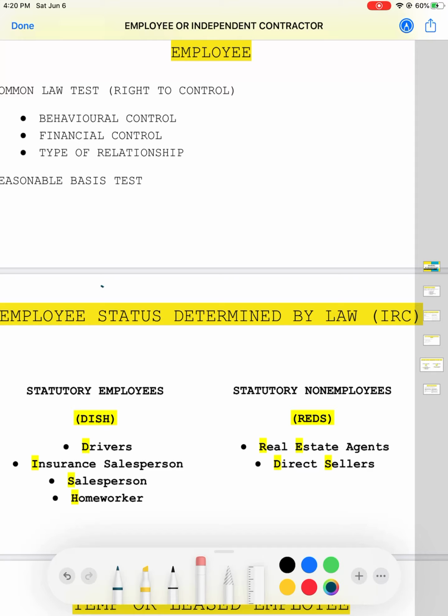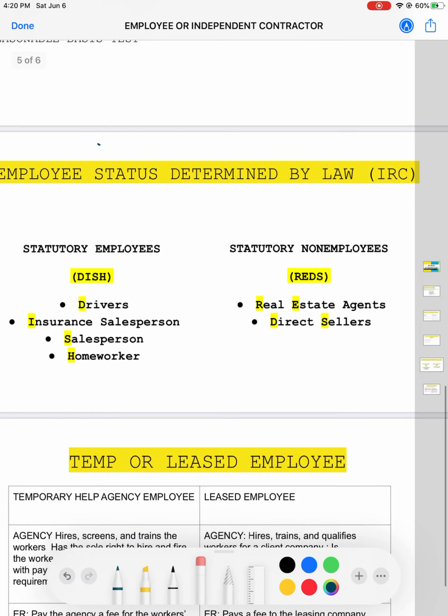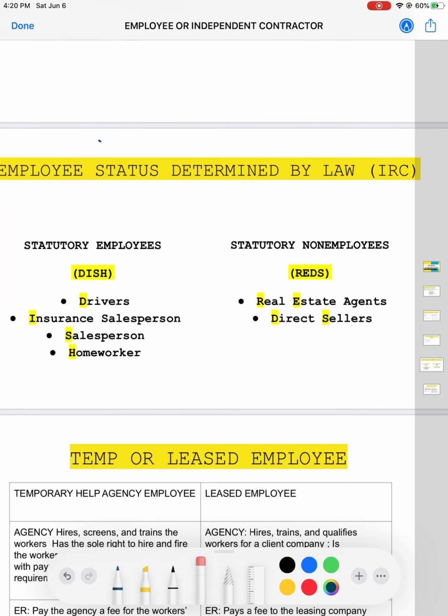So under the Internal Revenue Code, the statutory employees are drivers, insurance salespeople, salespersons, and home workers. And I have a little mnemonic highlighted here to remember these. The mnemonic is DISH.